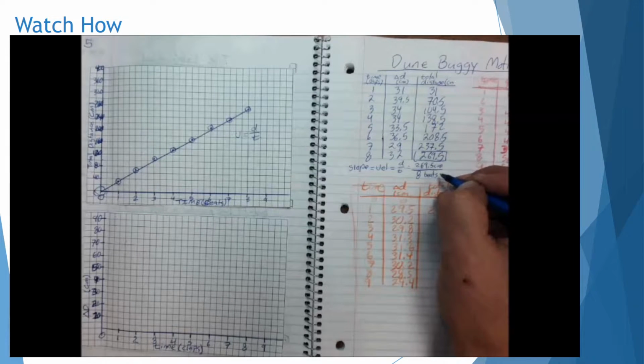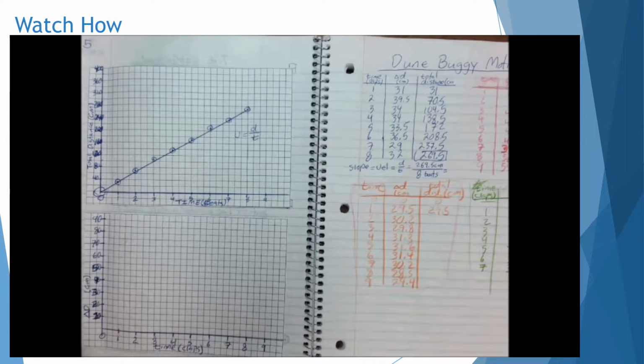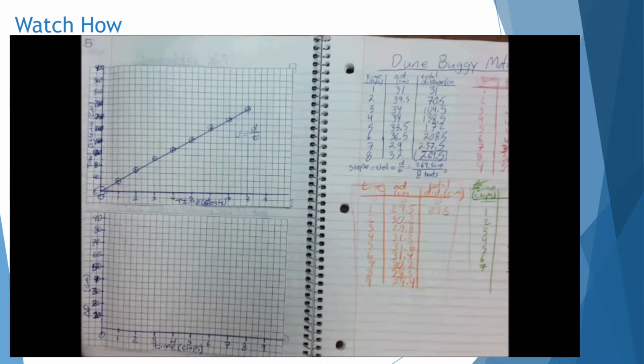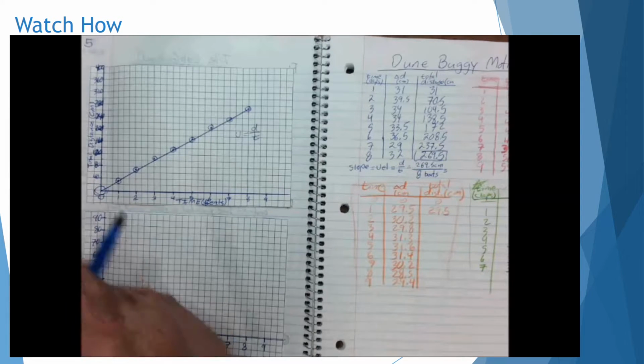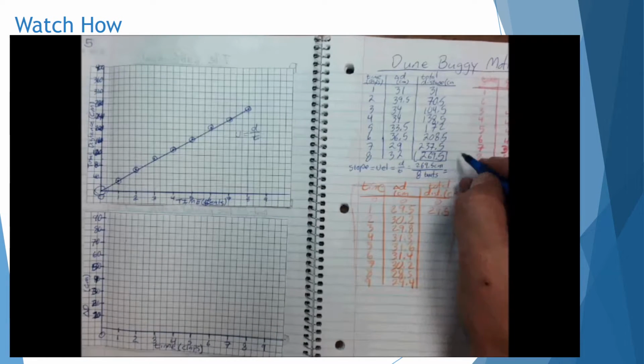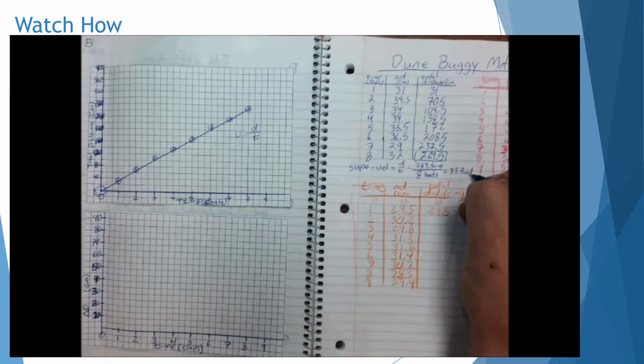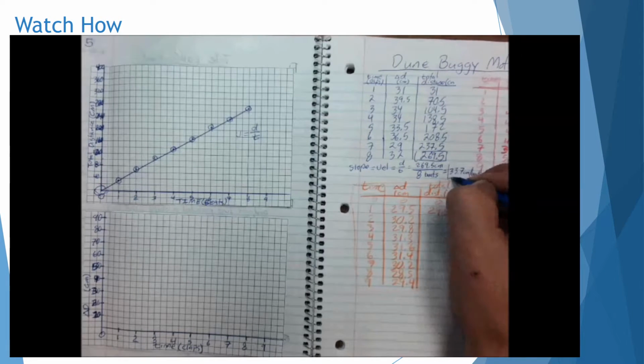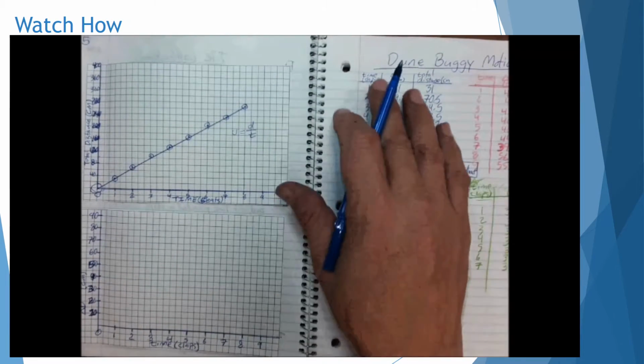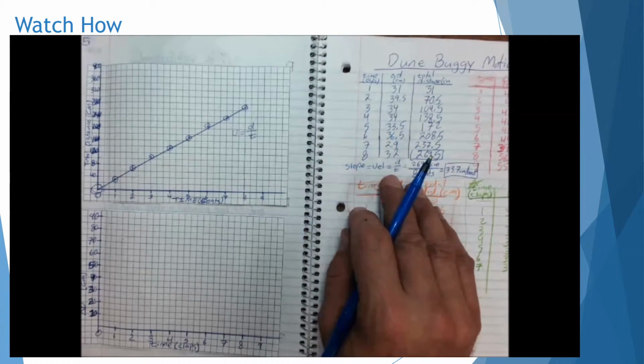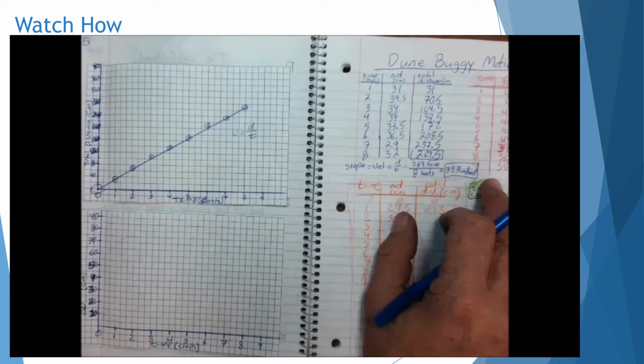It really doesn't matter. And so I now have a slope which corresponds to the velocity, and that slope, 269.5 divided by 8, gives me a velocity rounded to 3 figures, 33.7 centimeters per beat.